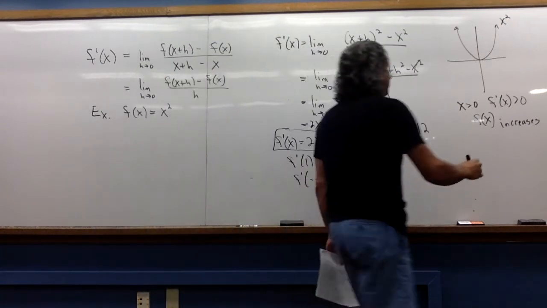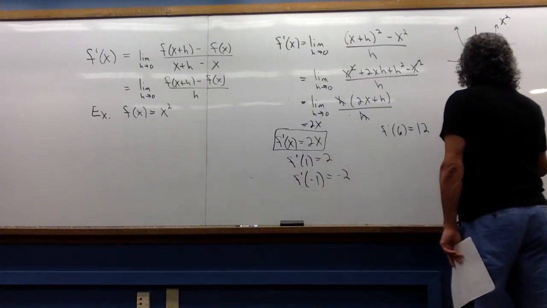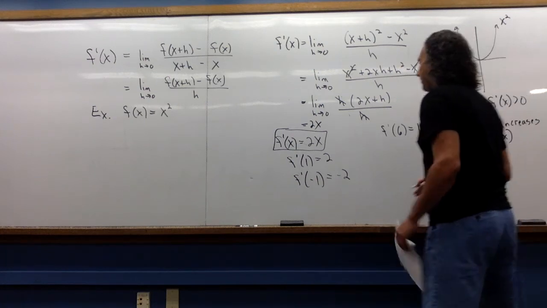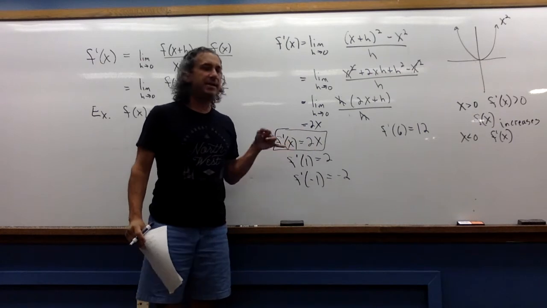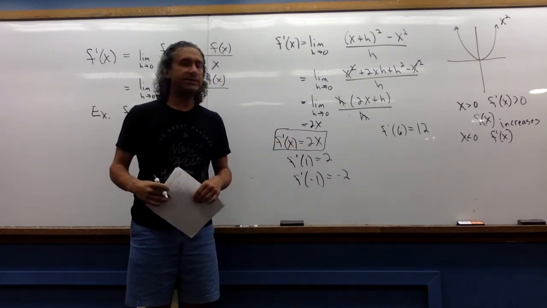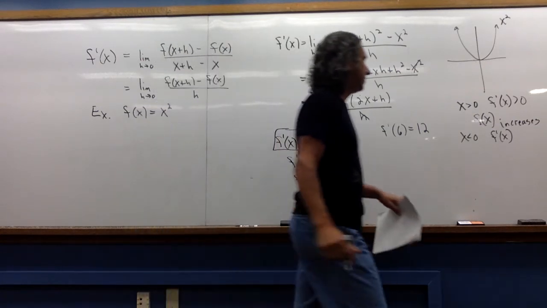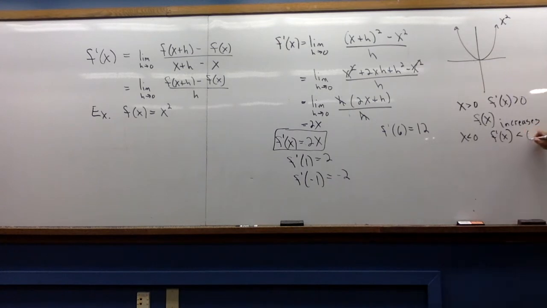If x is less than 0, if we look at our values here, f prime of x is going to be negative because 2 times a negative number is going to be negative. So f prime of x is less than 0. F of x decreases.